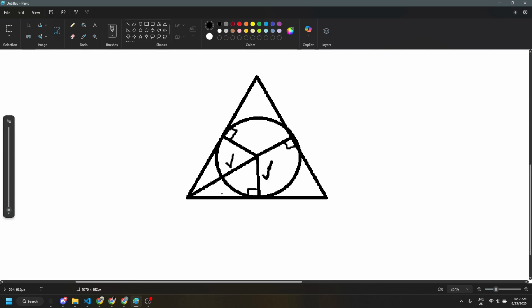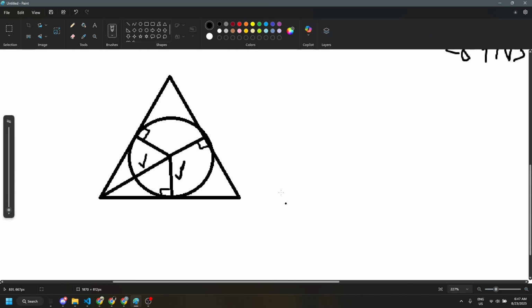We don't know these two parts. We have BD is equal to 2R, let's call this K. K plus K.